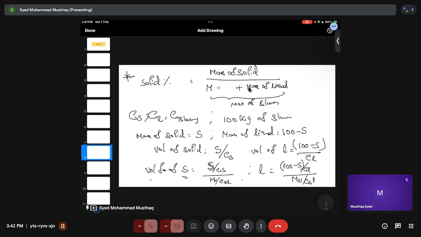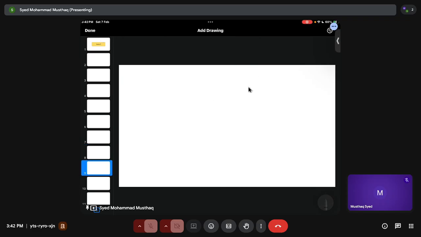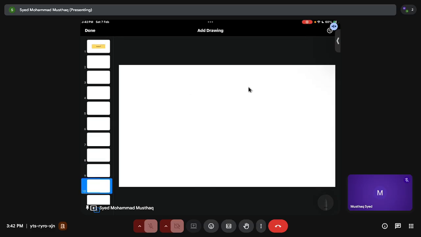Now the mass of slurry is equal to the weight of solid plus the weight of liquid: S is the weight of solid and 100 minus S is the weight of liquid, right? So this we know.